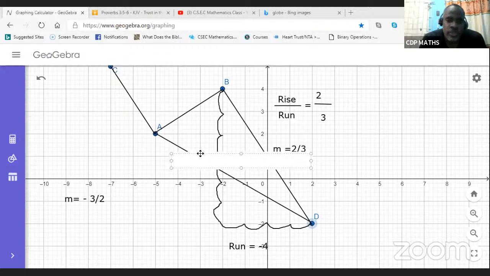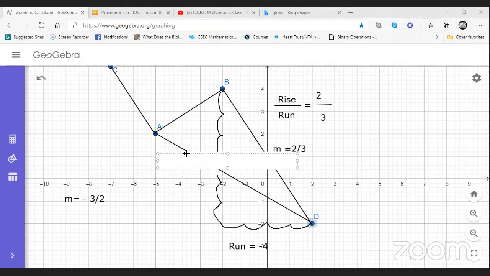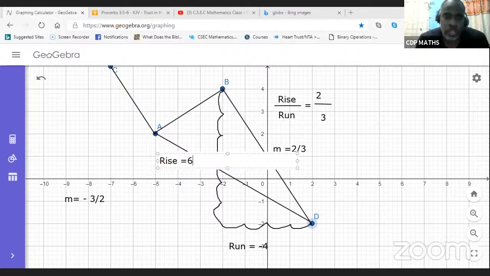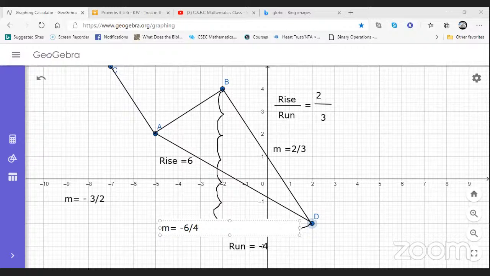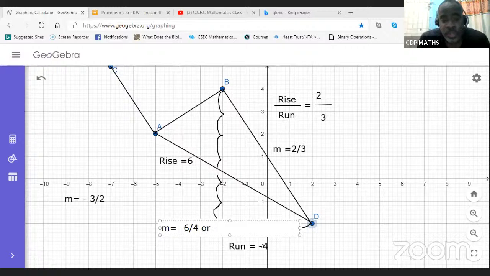Don't need to cuss you out anymore. Positive 6. All right. So the gradient then is m equals negative 6 quarters, or negative 3 halves.